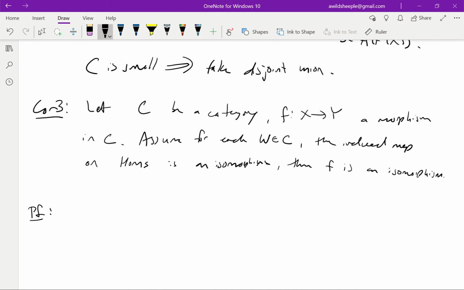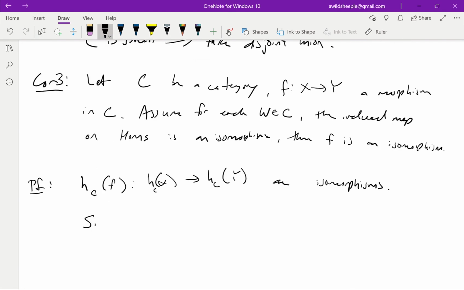The hypothesis tells us that I can look at H^C of f, and this gives me a map H^C of X to H^C of Y. Or of course, in the covariant case, I could just use the other one, but I'm not going to worry about that. Then these are isomorphisms by the assumption, because they have, of course, set inverses. But when I compose a thing and its set inverse, I get the identity.